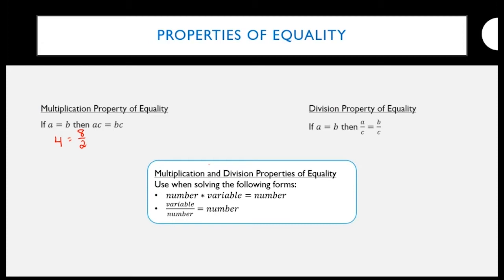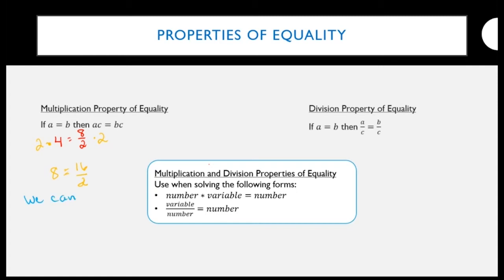If I multiply both sides by some number, I still get something that's true. So if I multiplied them both by 2, then I would get 8 equals 16 over 2, and that's still true. So that's what the multiplication property is saying, that you can multiply both sides of the equation by the same thing and it's still equal.